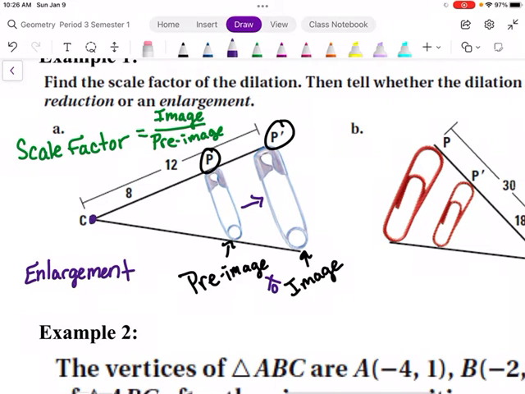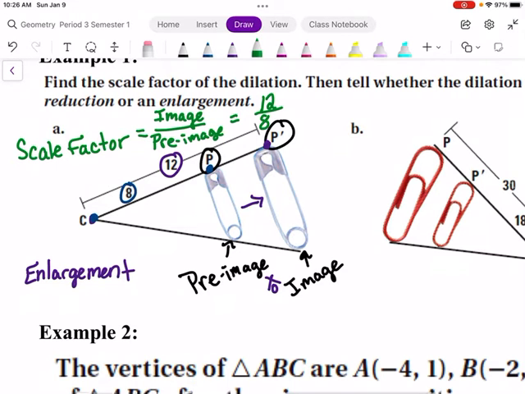So for this one, they give us the measurement from point C. The measurement from C all the way to P prime is 12. So our scale factor in this one is going to start with 12. And then if we look from C to point P, they give us the measurement of 8. So our scale factor is going to be 12 over 8.